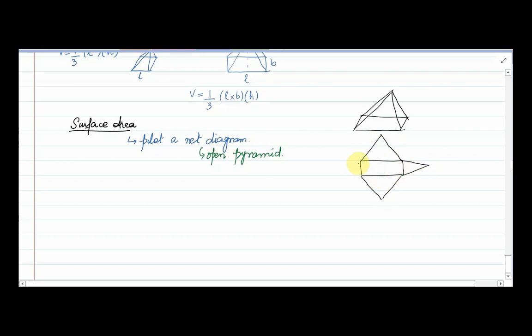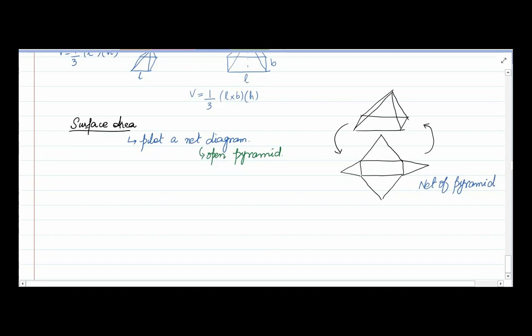These are the 4 triangles that fold together to form this shape, or if you open this shape you will have this open pyramid, and this open pyramid is basically called the net of the pyramid.